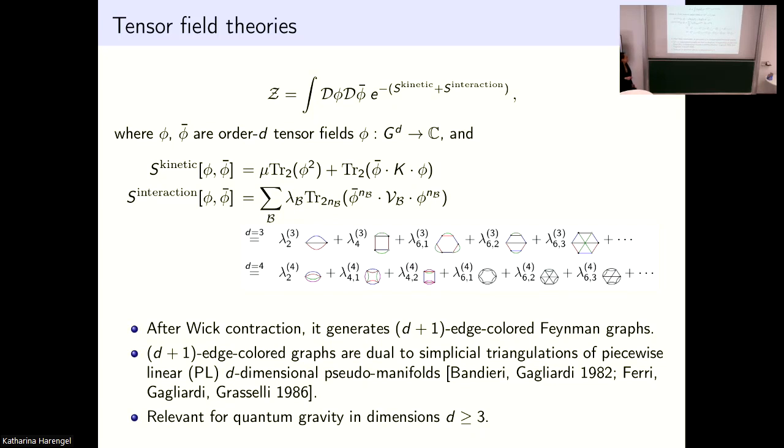With this, and also inspired by matrix models, which successfully describe 2-dimensional quantum gravity, one can say, at least a priori and naively, that these tensor models, or tensor field theories, should be relevant for addressing the problems of quantum gravity in dimensions higher than 3.